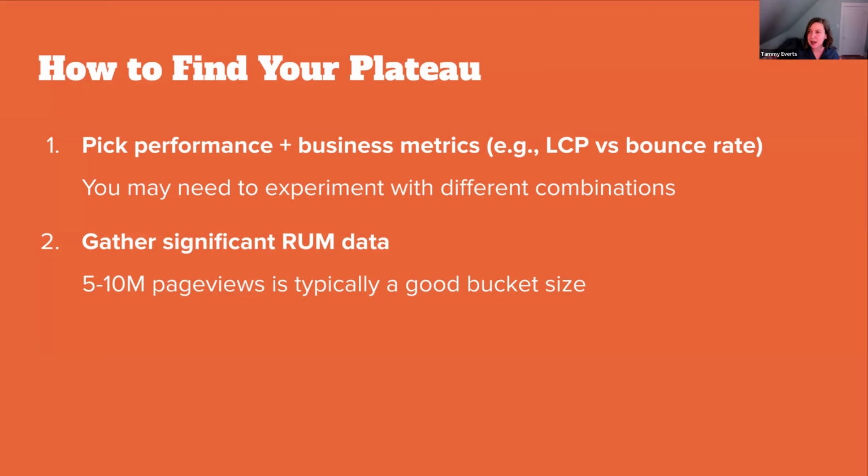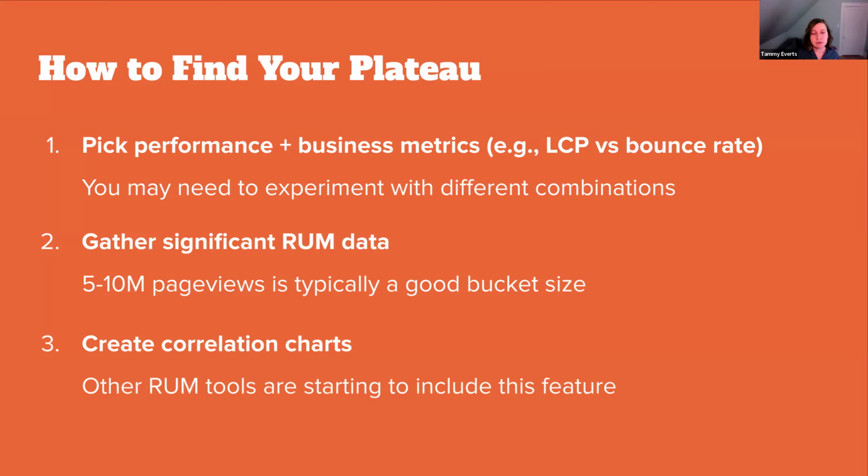The trends start to settle down the more data you have in your charts. So 5 to 10 million page views is typically a good bucket size. If you have more, that's even better. And then what's really great is, we've had correlation charts in SpeedCurve for a long time. Other RUM tools are starting to include this feature, so it's something to ask your RUM provider for.